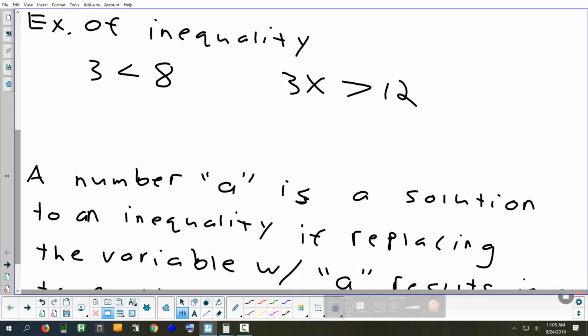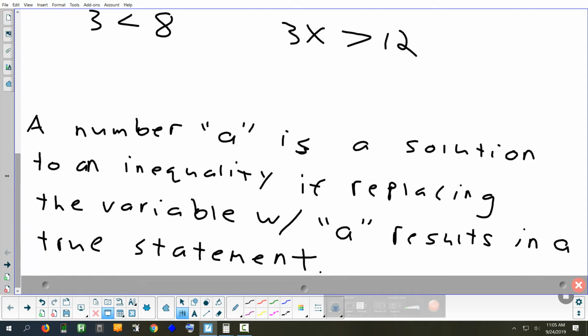So how can you tell if a number is a solution? Well, if you plug it in and you get a true statement, then the number you plugged in is a solution. That's how you check it. So like if I wanted to check if, let's say 5 is a solution to this inequality, I plug it in. 3 times 5 greater than 12.